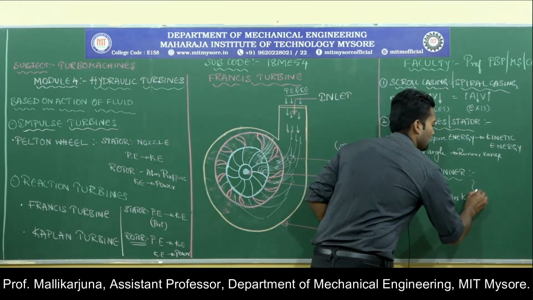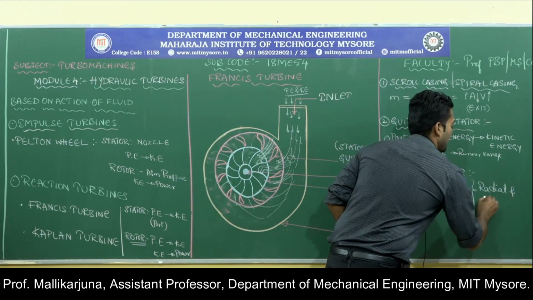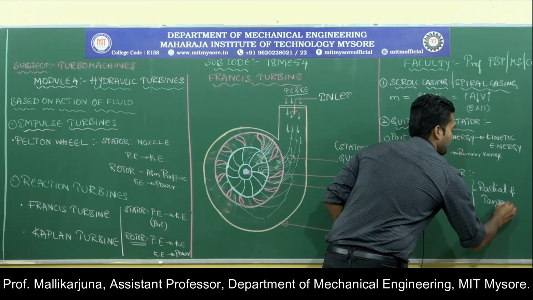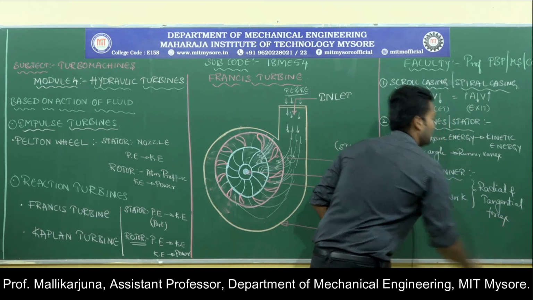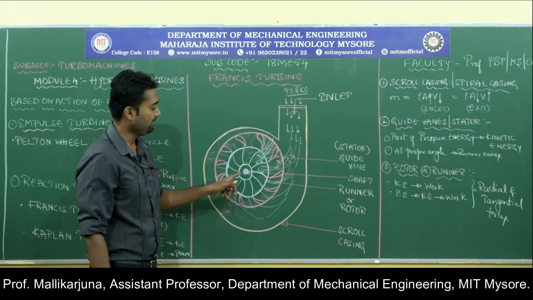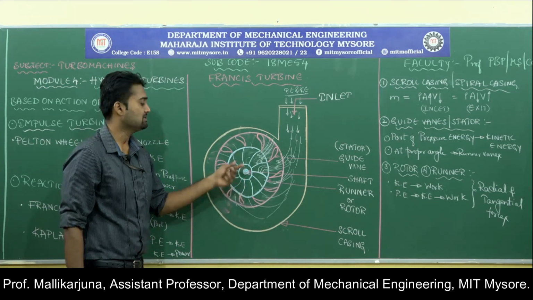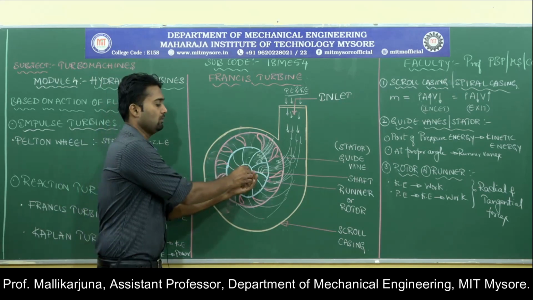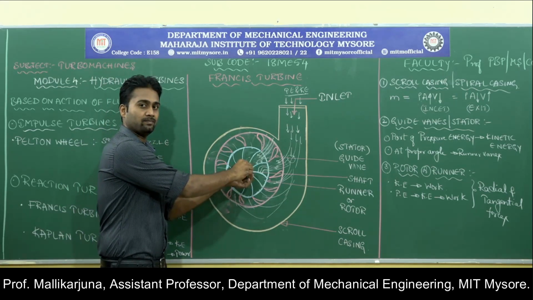And here make sure the forces are nothing but radial and tangential forces. These are responsible for the rotation of the blades of the turbine. Then we have the shaft. The shaft which is at the center is going to rotate because of the moving vanes.